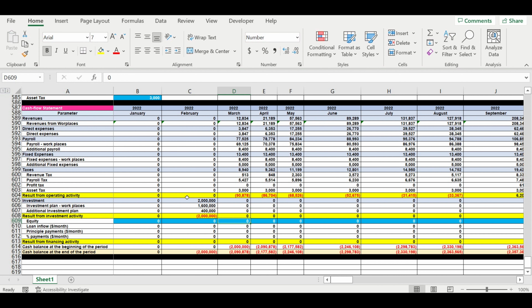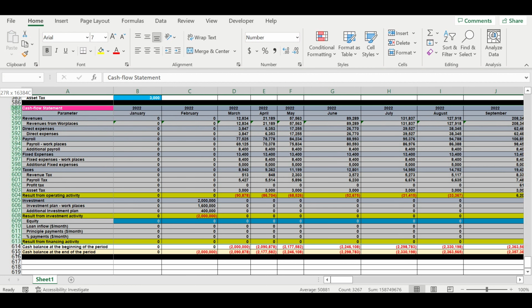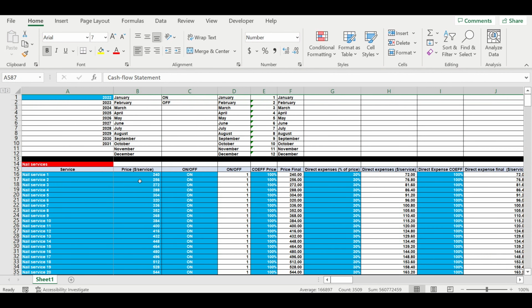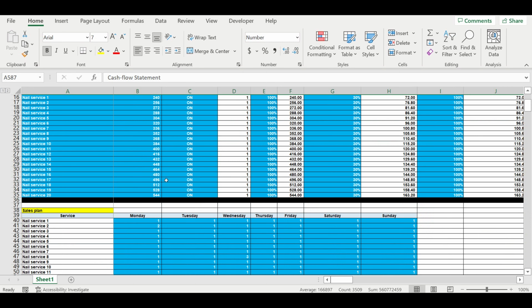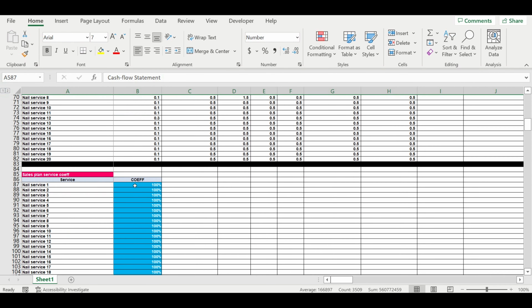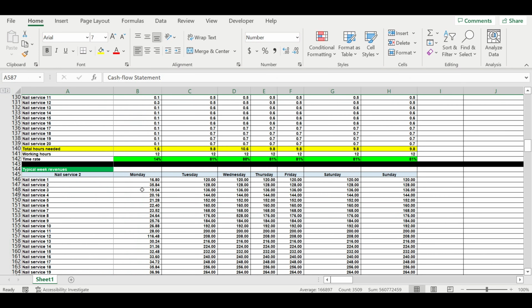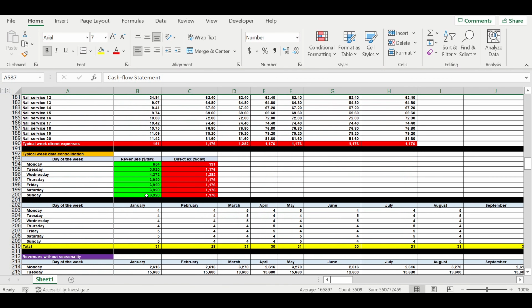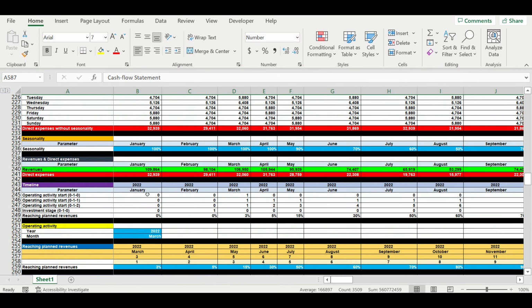So to answer this question, we need to prepare cash flow statements. We can't answer this question until we build all financial models. So first of all, we need to prepare revenues, direct expenses, payroll, investment plans, so fixed expenses.